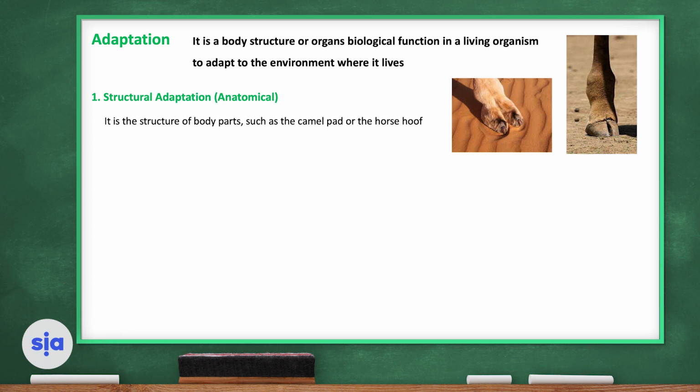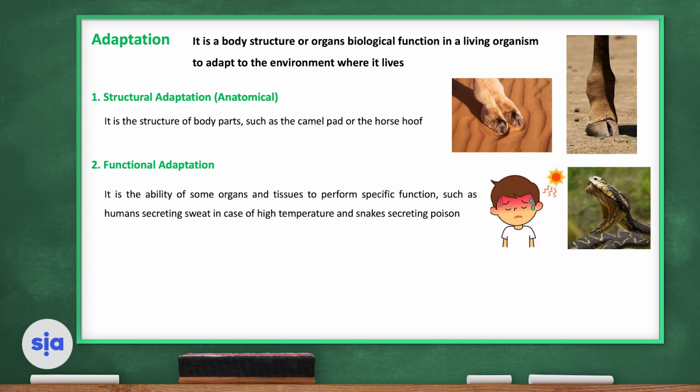Yes, the fins of the fish, the wings of the birds, the teeth and the claws of the tigers and lions, and so on. Functional adaptation. It is related to organs, functions, and tissues which perform specific function, such as the sweat glands in your body secreting sweat in case of high temperature, snakes secreting poison sometimes.